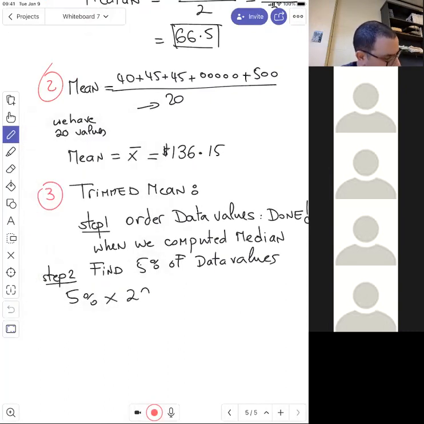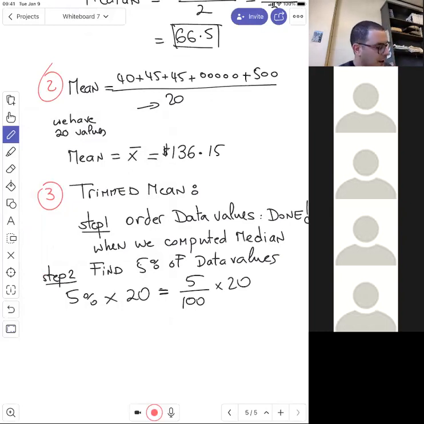So we compute 5% times 20. We always multiply the percentage by the size of the sample. 5%, it's just 5 over 100. That's what we mean by the percent. It's division by 100. It's 5 over 100 times the 20.